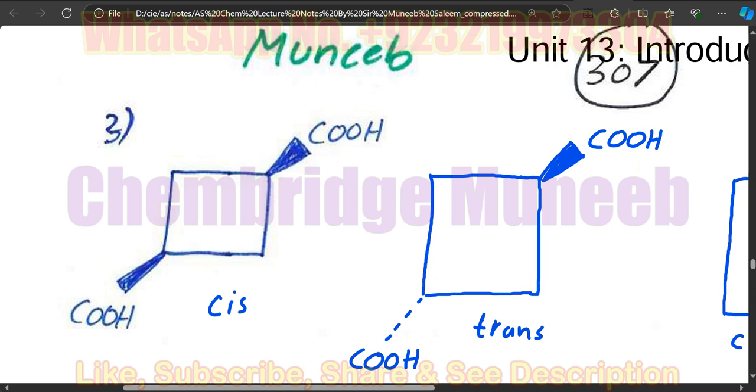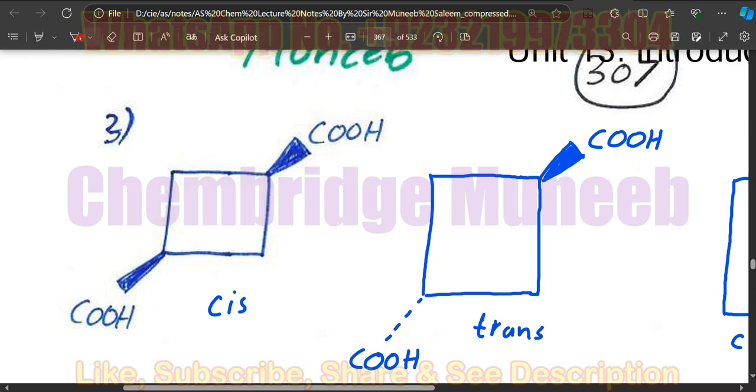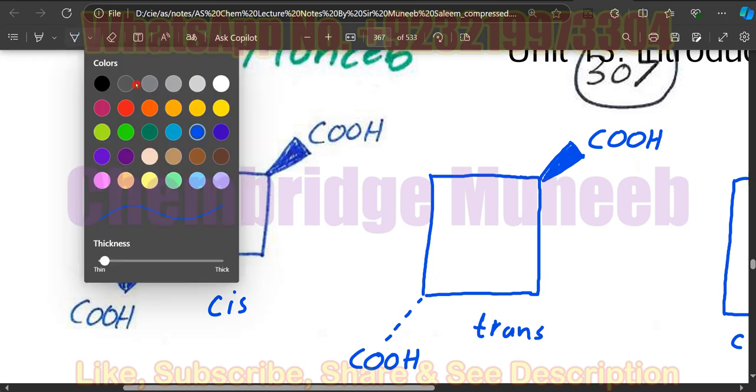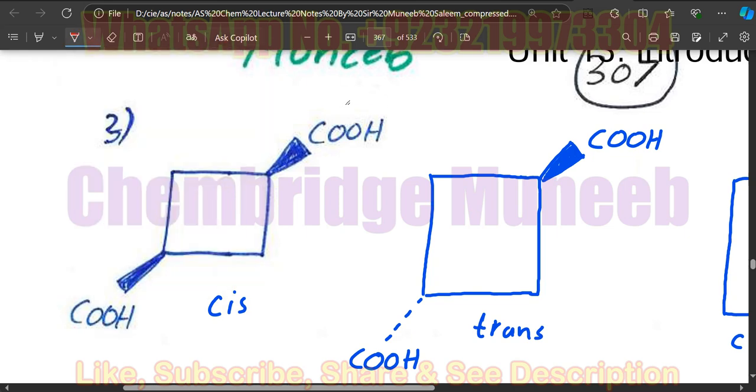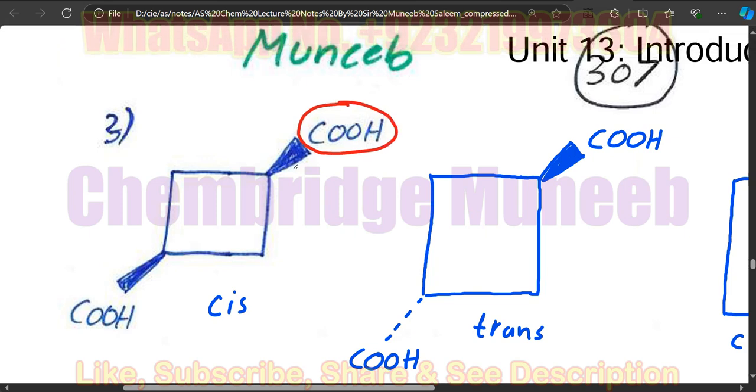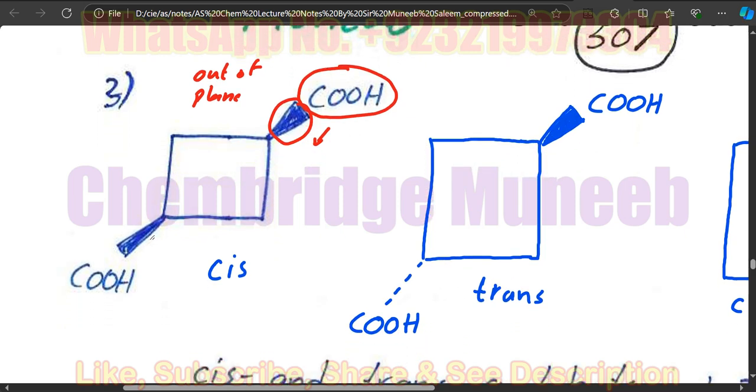For the cis, we can see that it is a cis compound because the attached side group, which is the carboxylic acid in this case, is coming out of the plane. This sign indicates the out of plane direction of the side group, and in this case it is also out of plane.